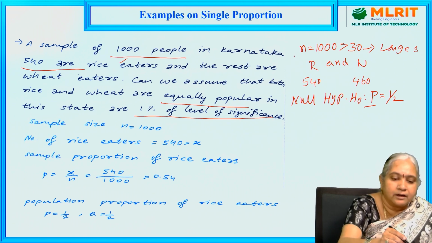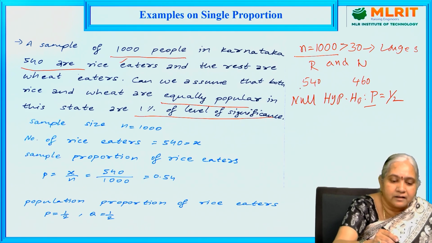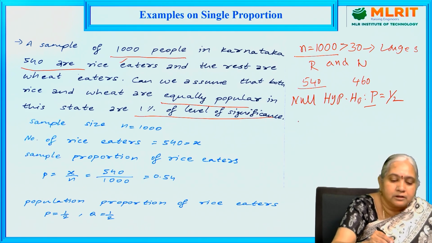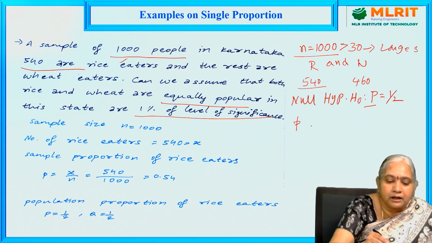So n is equal to 1000 and rice eaters are 540. So what is the sample proportion, small p? Small p equal to x by n. Here x is the number of rice eaters and n is the total sample size. So rice eaters are 540 and sample size is 1000.